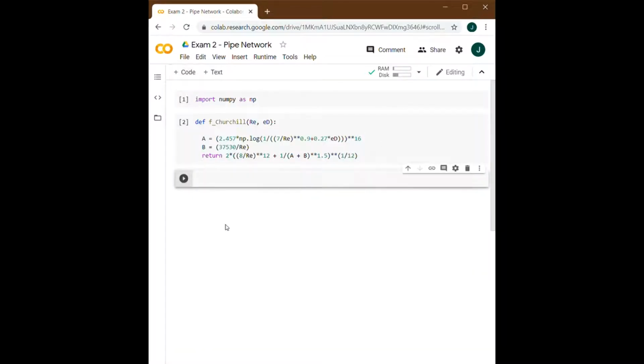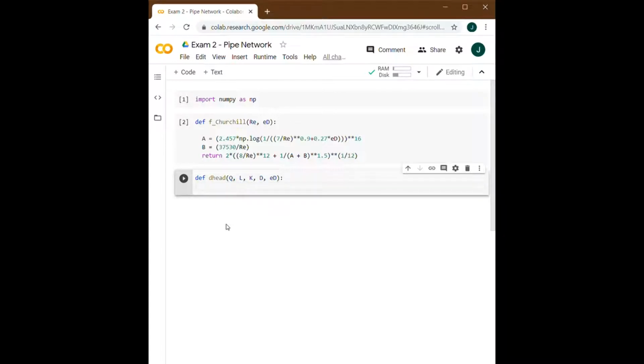So we're going to add a new text block, and we're going to call this one D head. We're going to use this function to calculate our drop in head as things flow through it.